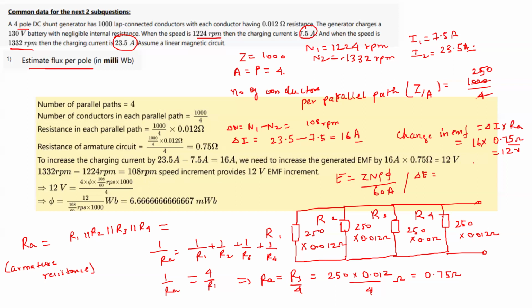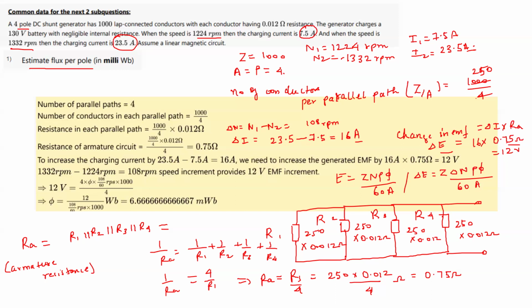So now what I'm trying to do is find the flux per pole, phi. Now I have calculated delta E. Delta E is Z into delta N P phi by 60A.